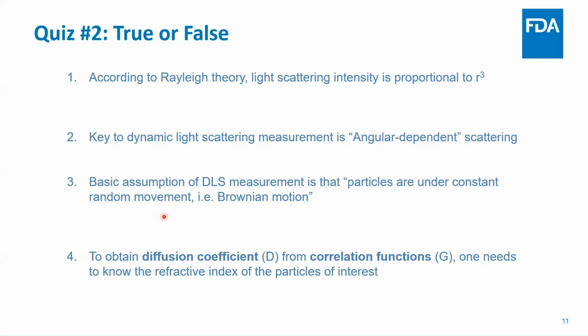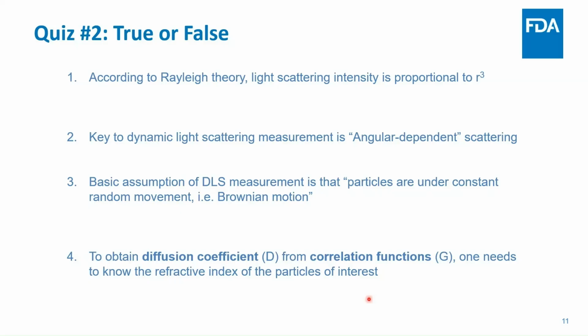The basic assumption of DLS is that particles are under constant movement, or Brownian motion. Yeah, that one's definitely a T. To obtain the diffusion coefficient from a correlation function, one needs to know the refractive index of the particles of interest. Yep, great.